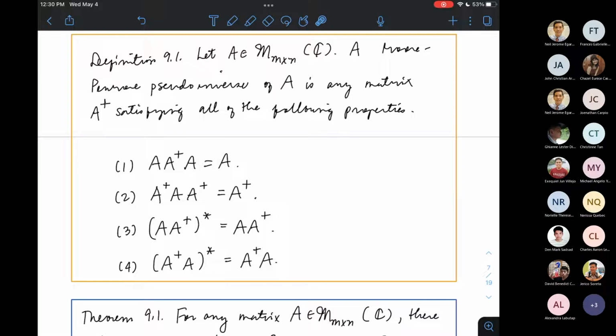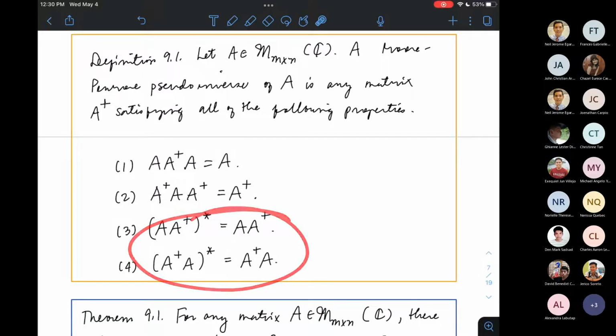It should serve as a weak inverse. Si A plus times A should act as a weak left inverse or left identity. So dapat ito mag-act as if it's the identity matrix, right?